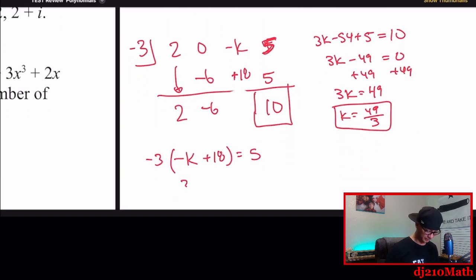So this is positive 3k minus 54 is equal to 5. Yeah, it checks out. It's going to come out the exact same.